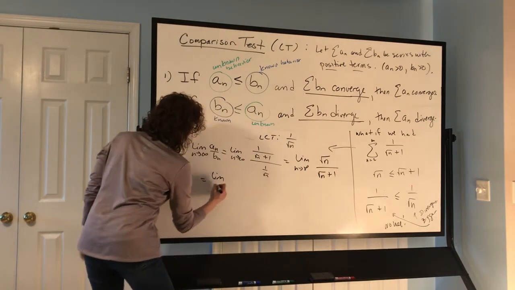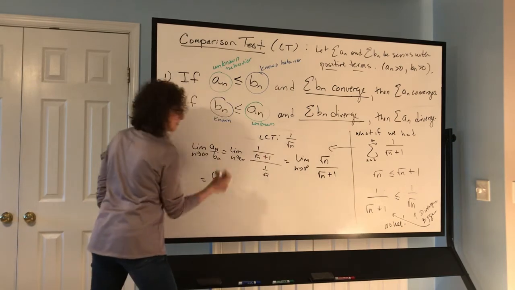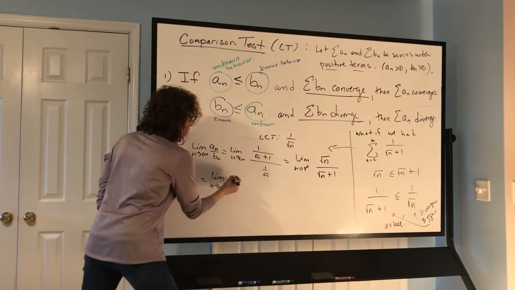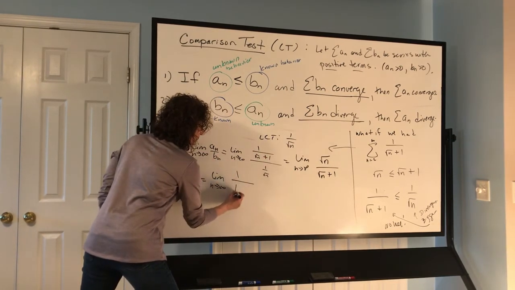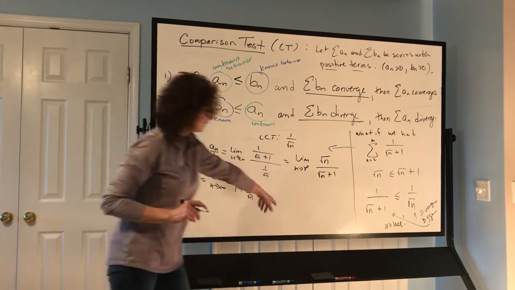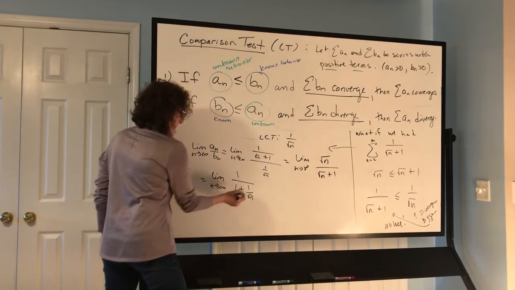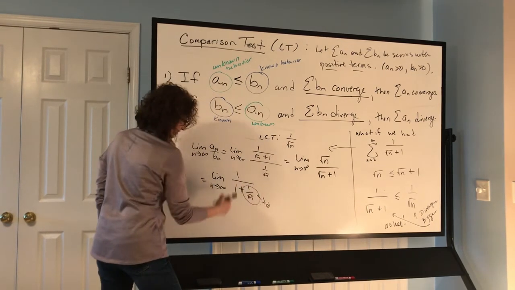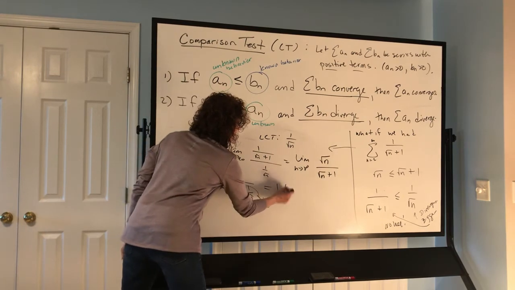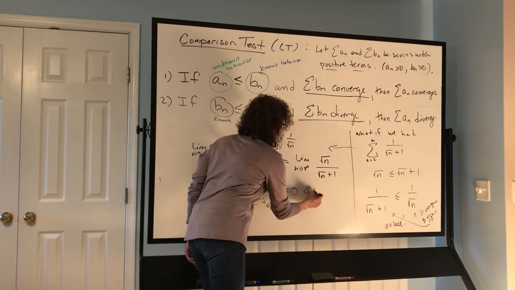Which is the limit as n goes to infinity of, just going to go straight there, divide everything by square root of n, right? 1 over 1 plus 1 over root n, yeah? Square root of n is the highest power of n in the denominator, yeah? What do I got? This guy goes to 0. What am I left with? 1. 1 isn't 0.